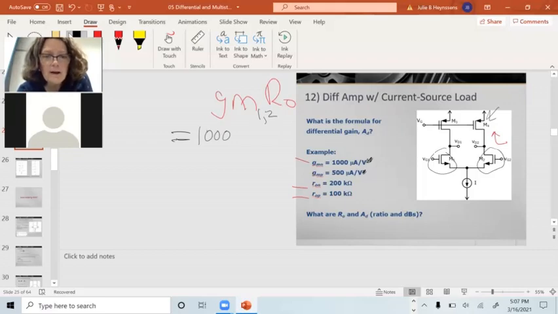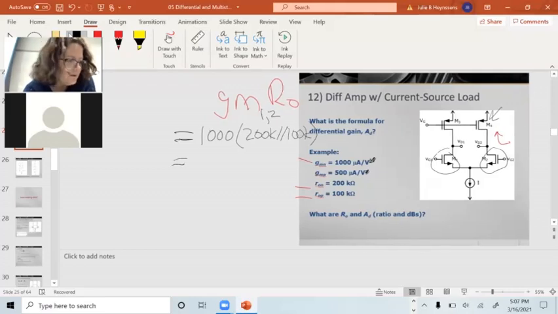My RO now is 200K in parallel with 100K, which should be a little less than 100K. When I do that calculation, that's 66.7K. And when I do the overall calculation, it is 66.7 volts per volt. How much have I increased the gain by?